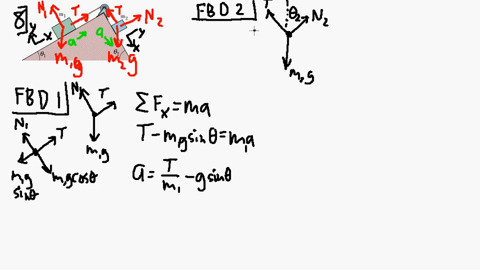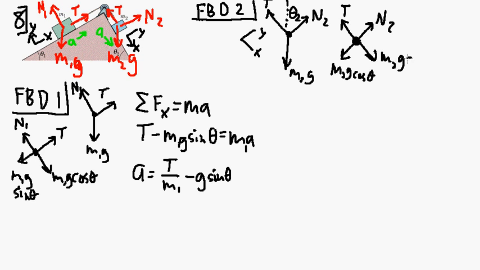Then this one is going to be M2G cosine theta, and this one here is going to be M2G sine theta.